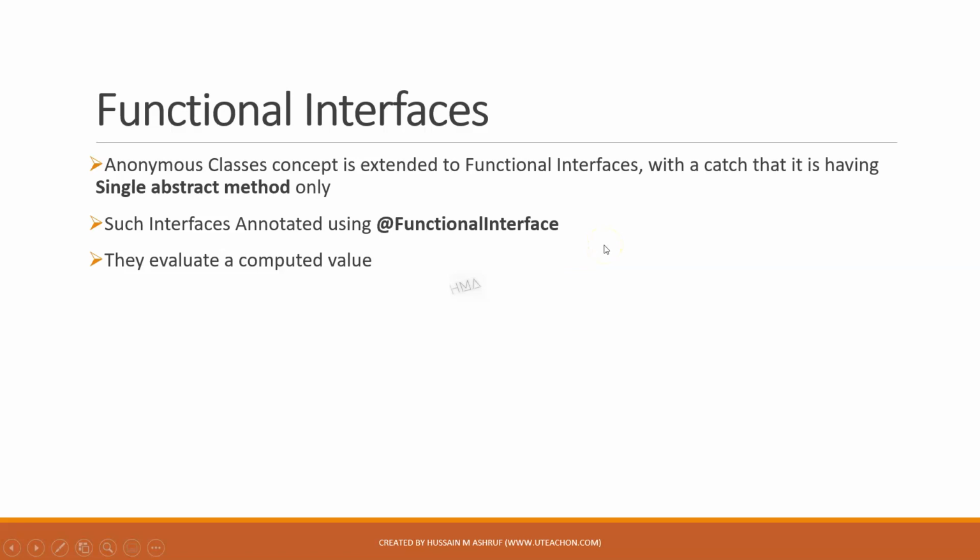Even if we do not use the annotation, and the interface has only a single abstract method, it still works as a functional interface. And this is all a part of Java's functional programming. So they evaluate a computed value.